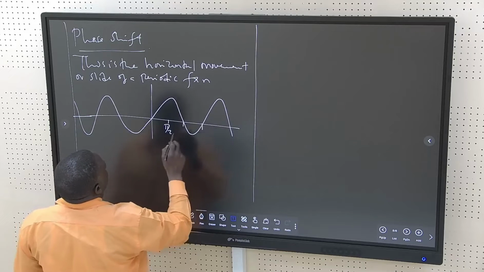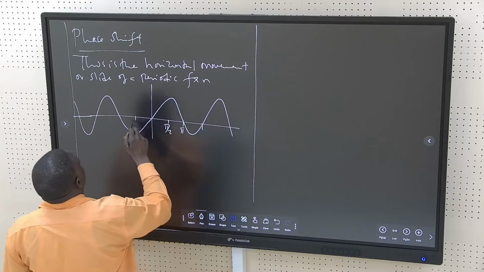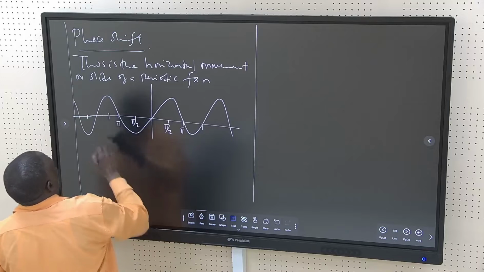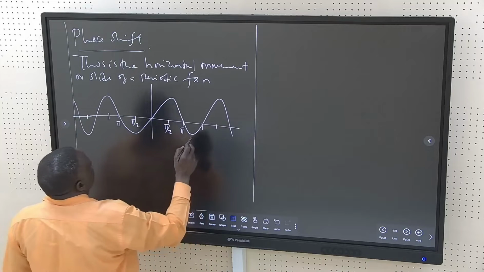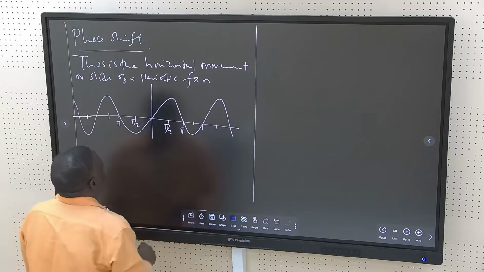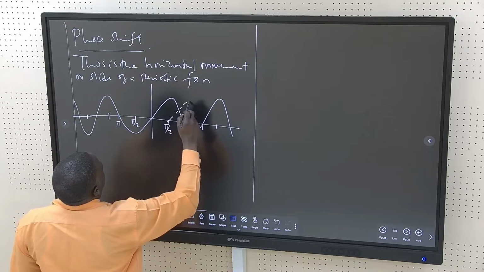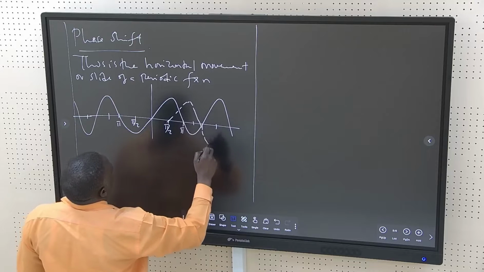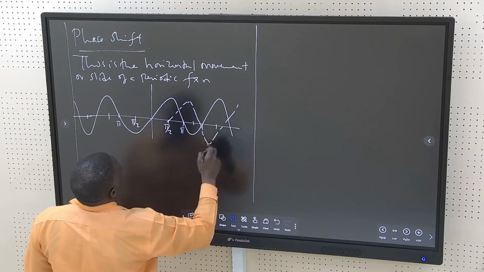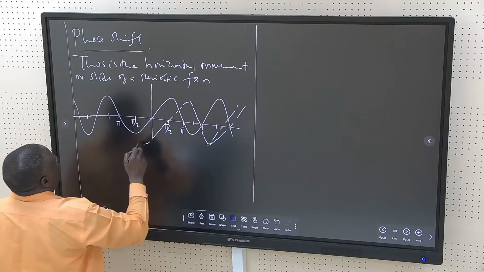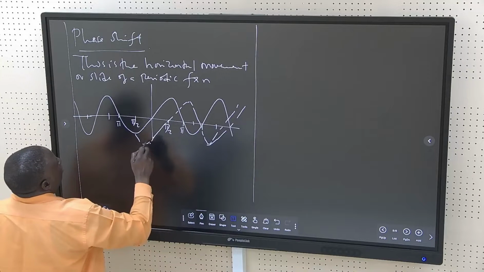We have pi. We have here pi over 2. We have pi. We have here these values. So this can move here, goes this way, this way, and this can come this way.